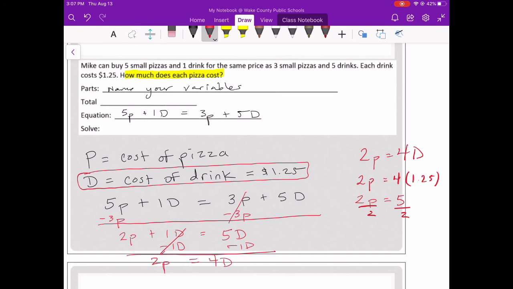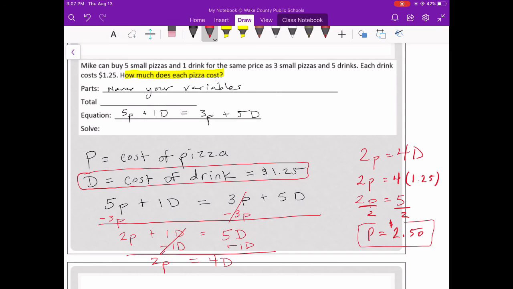So to get rid of multiplication, I have to divide. So that's going to end up with p being 5 divided by 2, or 2.5. So that means each pizza costs $2.50. And that is what they asked me to solve for. So I actually don't have to plug back in or anything. I just found what they asked me to find, $2.50.